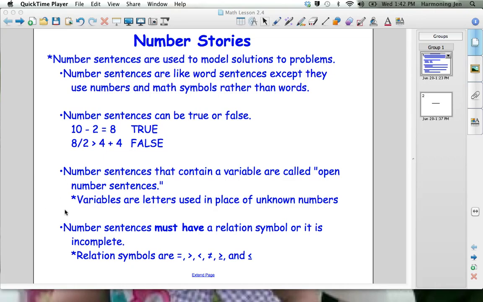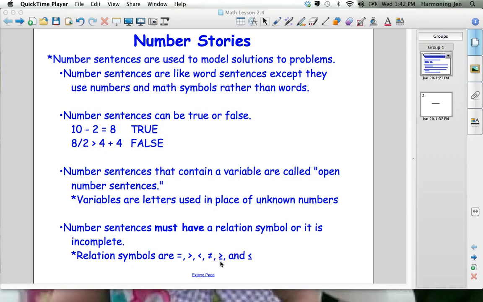Now, I mentioned earlier that number sentences need to be complete sentences, just like word sentences do. Well, in order to be complete, number sentences must have a relation symbol, or it is incomplete. Relation symbols are those things like equals, is greater than, is less than, is not equal to, and here's a couple you may not be familiar with.